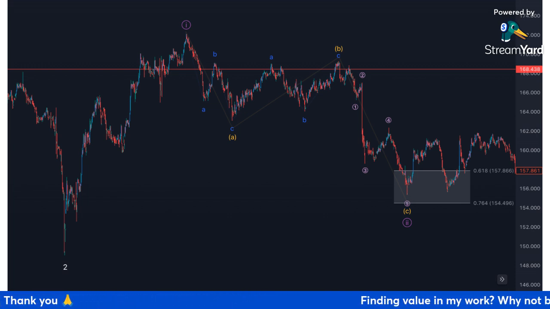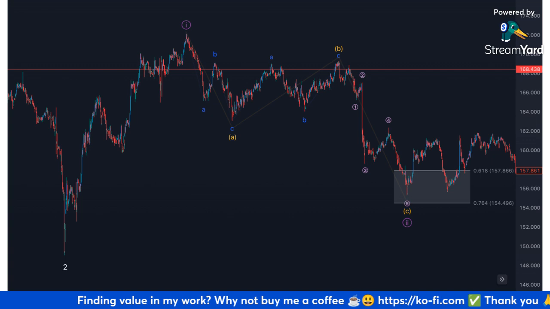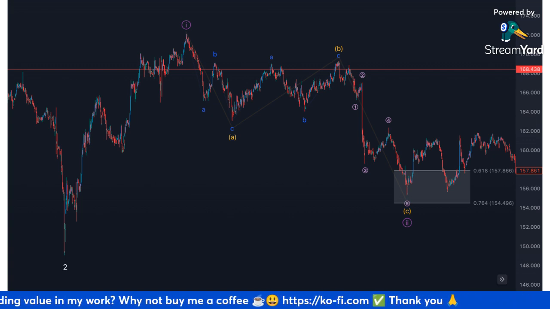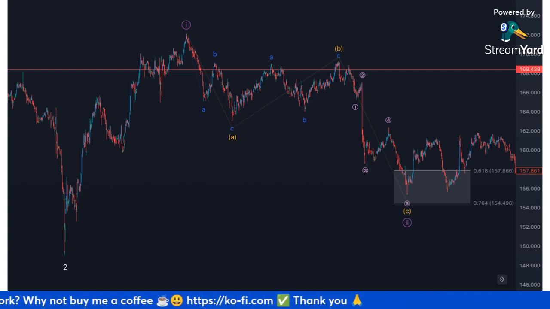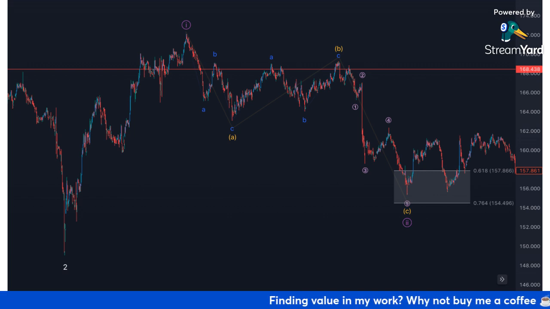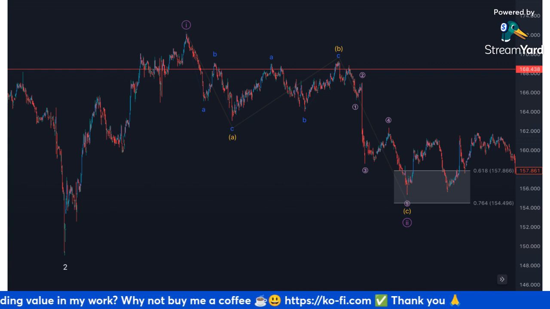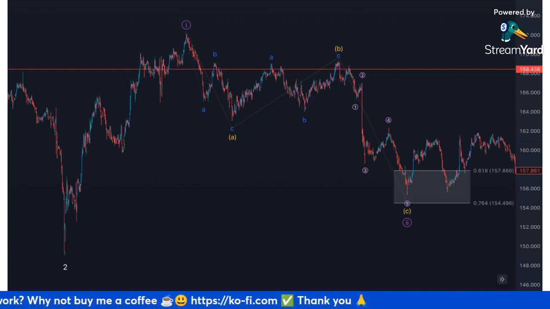Okay, so let's go ahead and take a look at a real life example of a flat correction now. Before I was showing you in gold the zigzag. This happens to be GJ. And forgive me, I'm not sure what the date is of this, but it was recently. It must have been back in the late summer or fall of this year, 2024. So what we have here is we believe we have a 5-wave completed move up. And instead of 5 down, like what we would see in a zigzag, we have 3 down. So 3 down for an A wave.